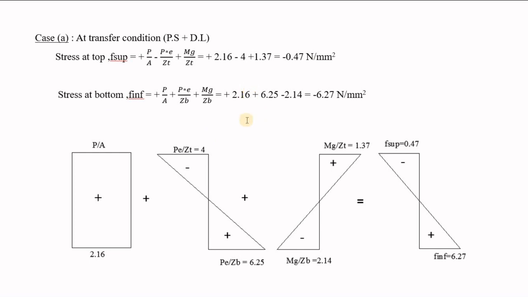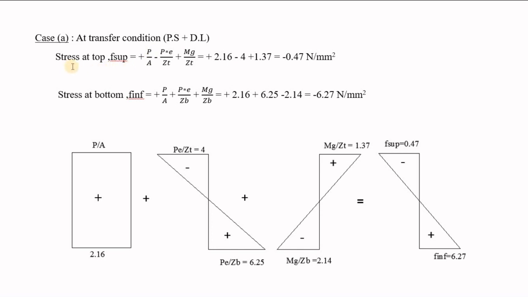So let's start with the first case. In the first case they have clearly given it's a transfer condition. Always keep it in mind. For transfer condition, live load won't be there. It is only the pre-stressing force and the dead load.